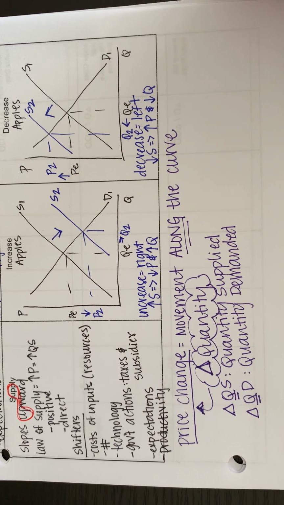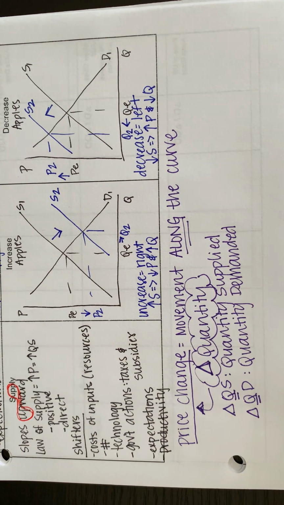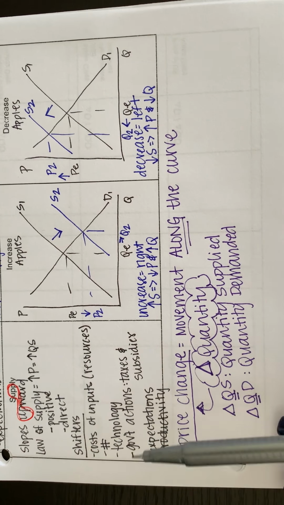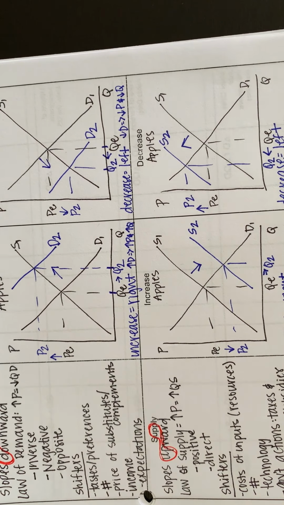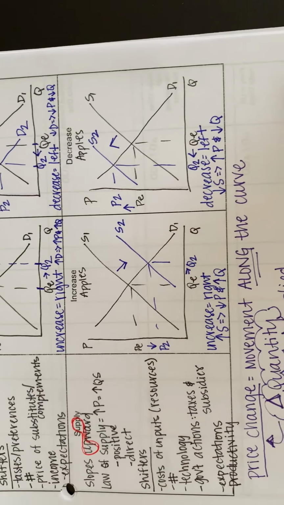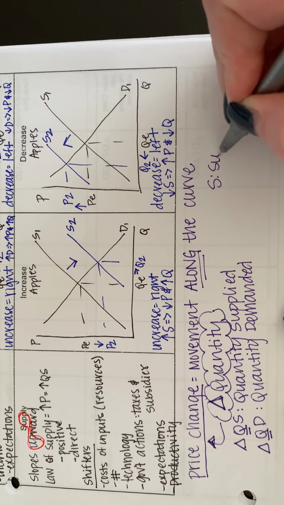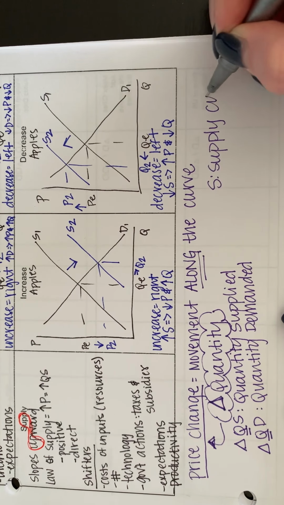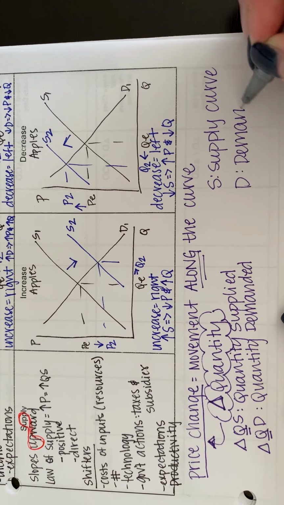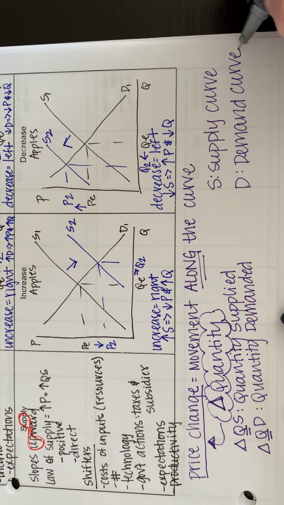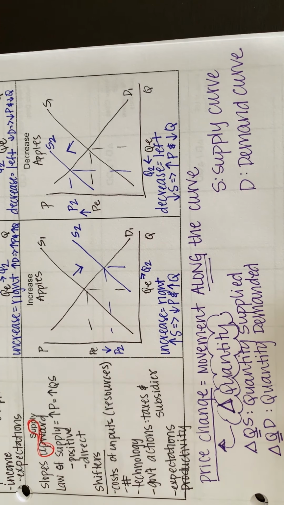If there's no price change, and we're not talking about a change in quantity, we're just talking about a change in the market as a whole because of one of these shifters from either demand or supply causing an entire change to our market, then they're just referring to the curve. So they're just referring to S, our supply curve, or they're referring to D, our demand curve. So if they're not talking about price, they're talking about an increase in the cost of our inputs.